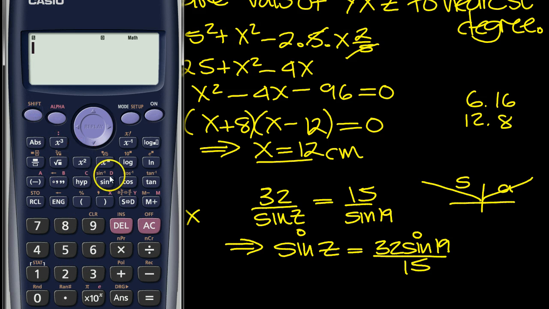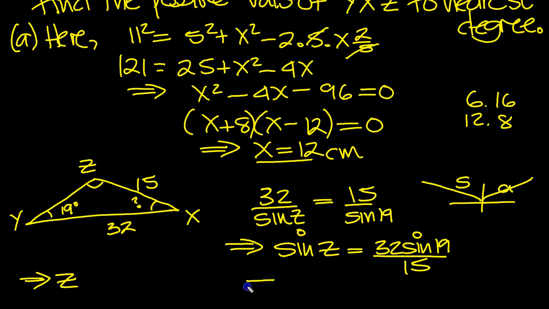So inverse sine, shift sine, of 32 times sine 19, close that bracket, divided by 15, close the shift sine bracket, equals 43.99, so that's 44 degrees. So that tells us then Z equals 44 degrees.